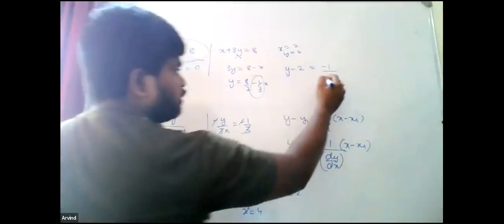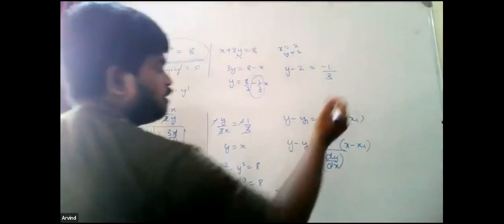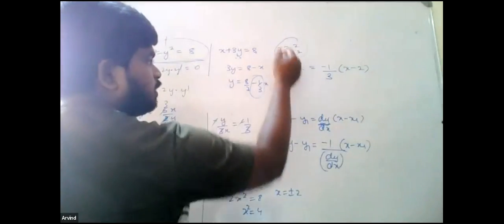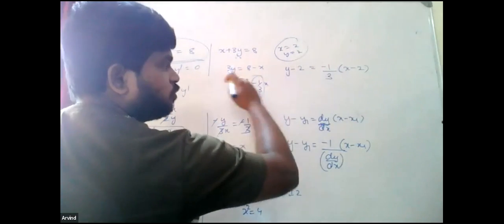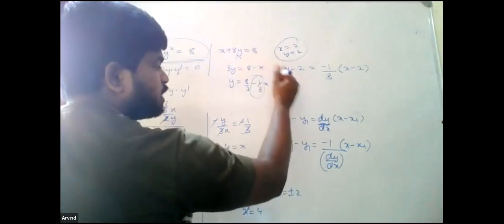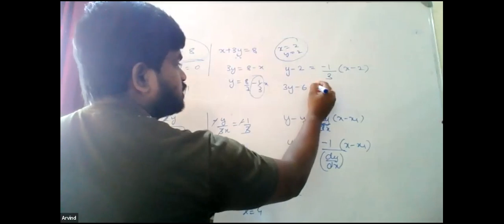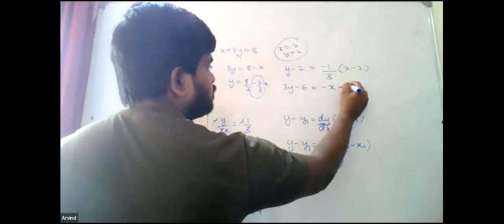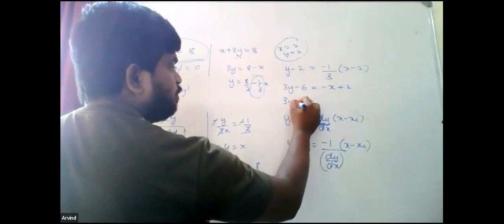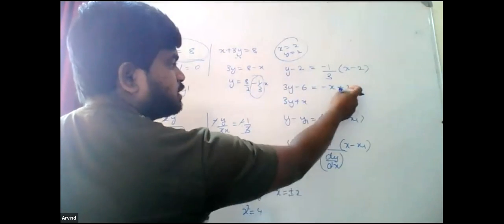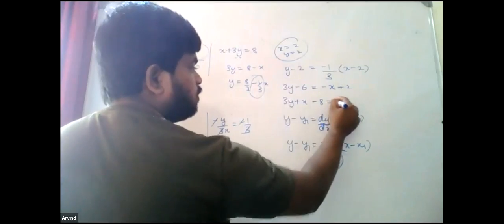You will have 3. So x value, y value, considered 2, we are taking it. So this 3, multiply by 3, or you send the 3 this side. So it will become 3y minus 6 is equal to minus x plus 2. So get this minus x this side. 3y plus x minus 6 plus 2 is minus 8 equal to 0.